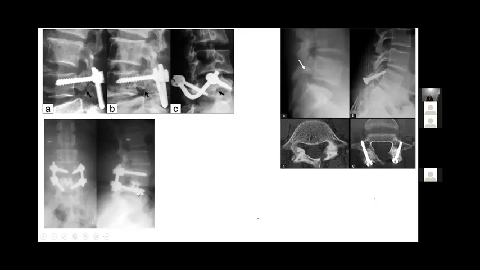And if the disc is degenerated, if there is a foraminal stenosis, then it's probably easier to do fusion to address the whole problem. It's a very quick view of it. Any questions?